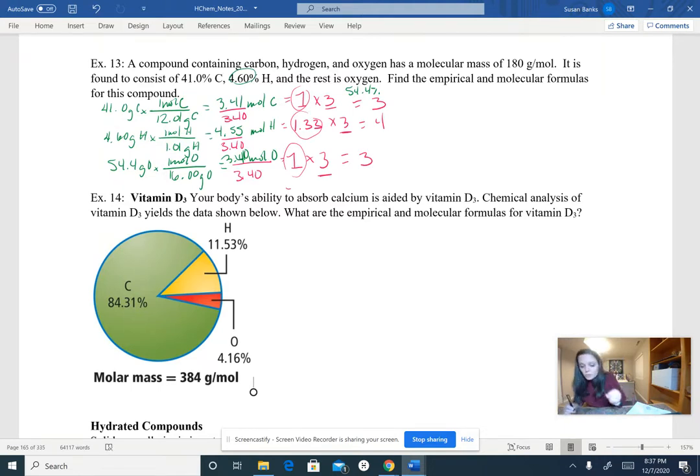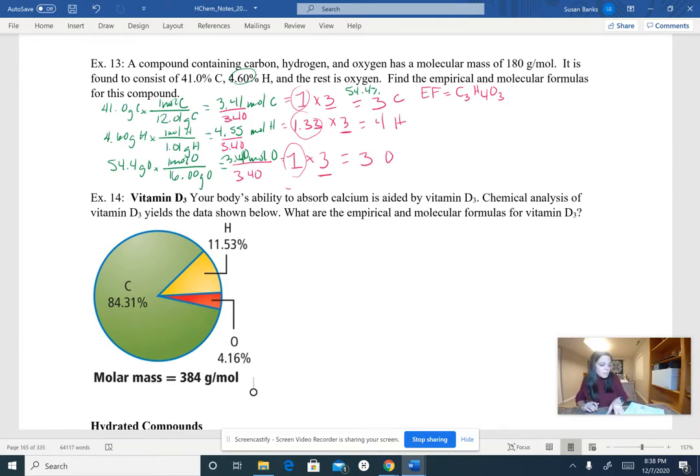So our simplest whole number ratio here would be 3 carbons, 4 hydrogens, and 3 oxygens. So our empirical formula here would be C3H4O3.